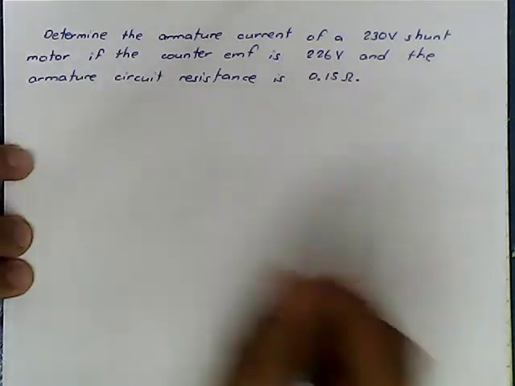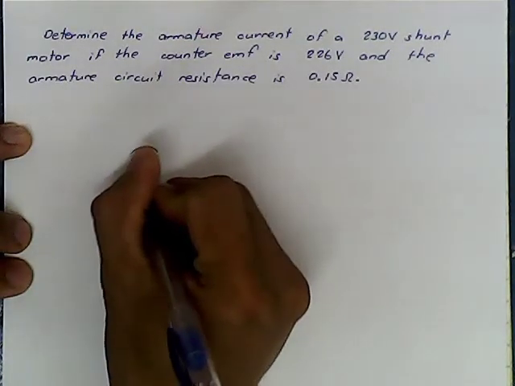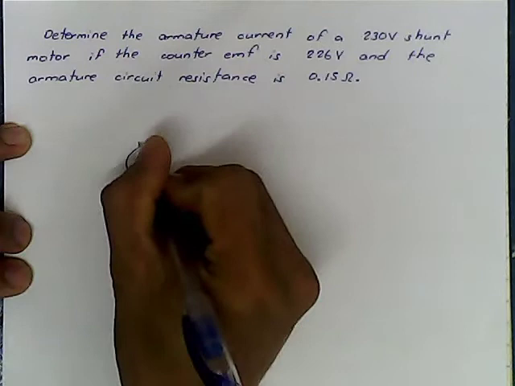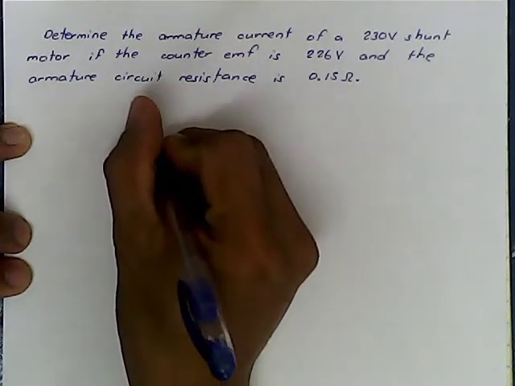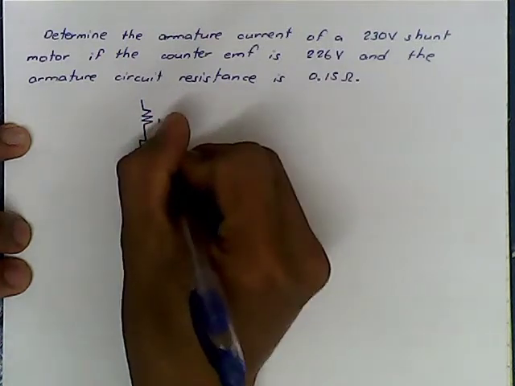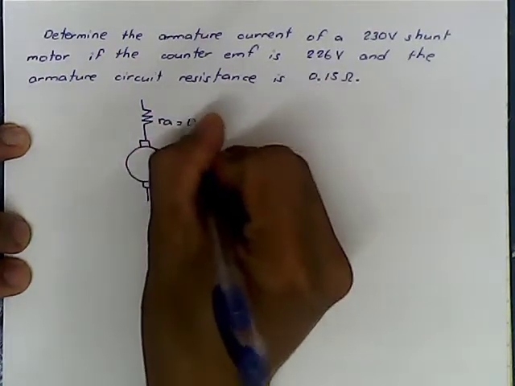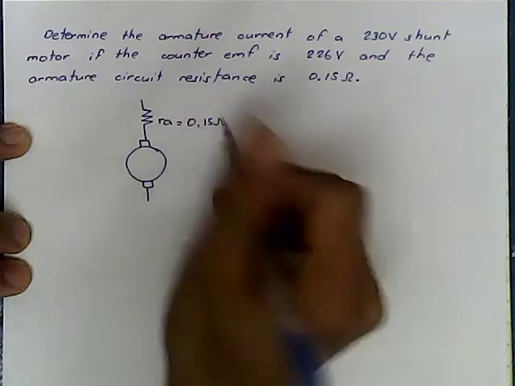Before that, let's draw our circuit first. So the armature and then the brushes. This is our RA, which is equivalent to 0.15 ohm.